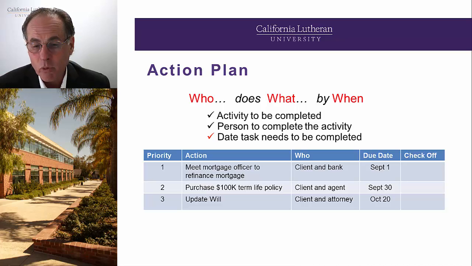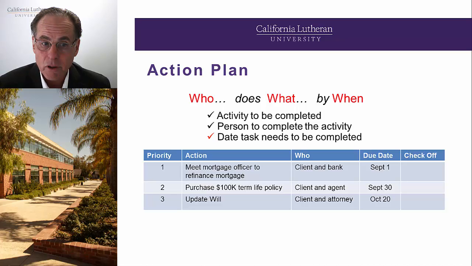For example, the table on the slide depicts 3 prioritized client goals. First, meet with the mortgage officer to refinance your mortgage. You, the client, and the bank representative will be engaged, and your target date for completion is September 1st.